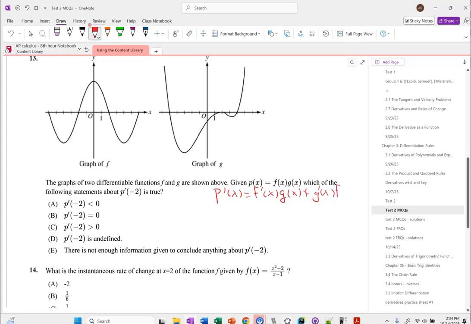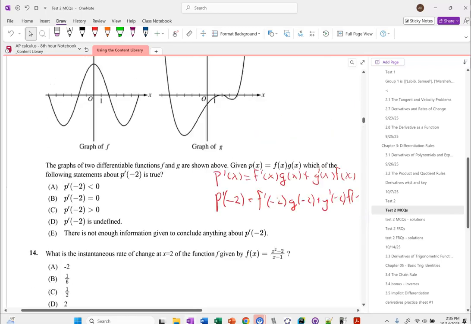Yep. So p prime of negative 2, that's going to be, let's write it. So that's this, right? Oh dear, what happened?